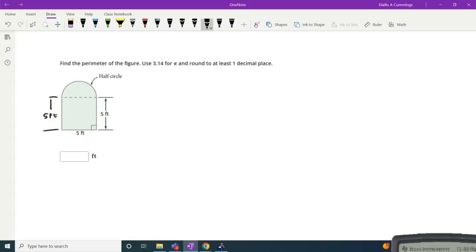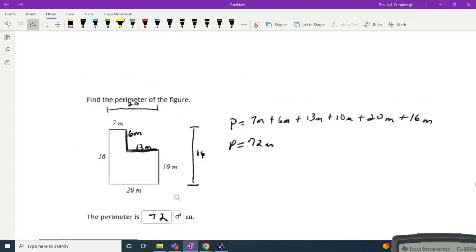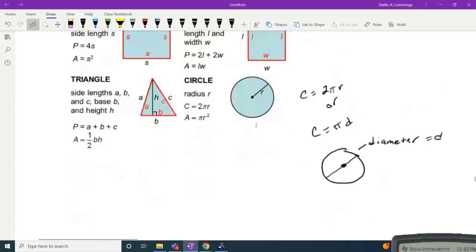But in order to find the circumference for the half circle dome, we're going to use a formula. If we go back to the formulas from the beginning, notice that the formula for the circumference of a circle is equal to 2 times pi times r.